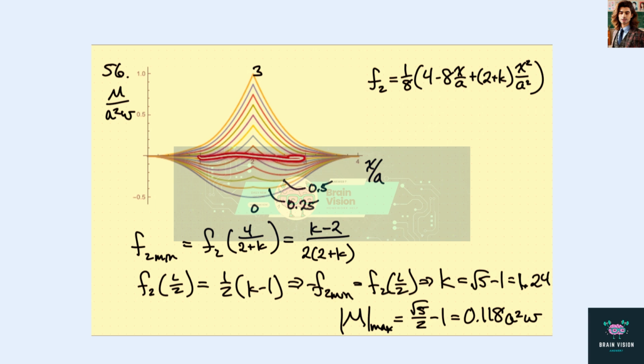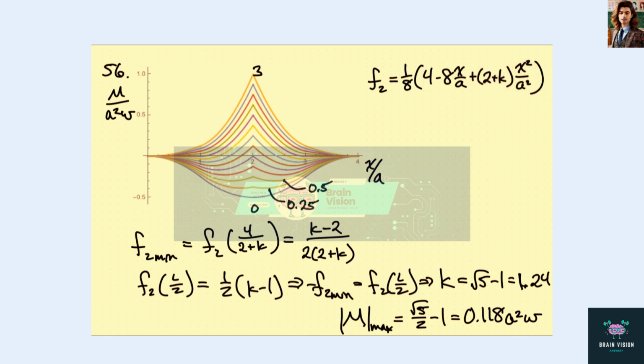So we only need to look at the function that describes the moment in that region, and that function is given here. You can derive that, and it's 1/8 times quantity 4 minus 8x over a plus 2 plus k times x squared over a squared.